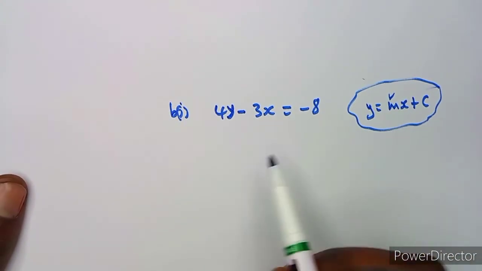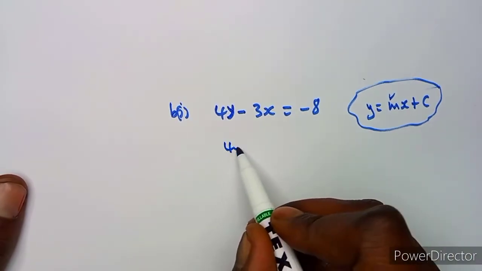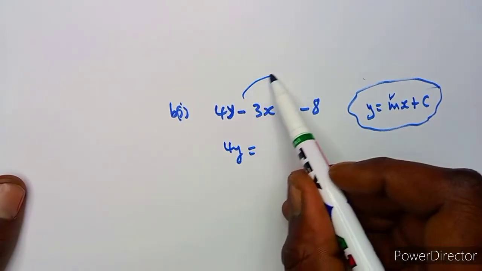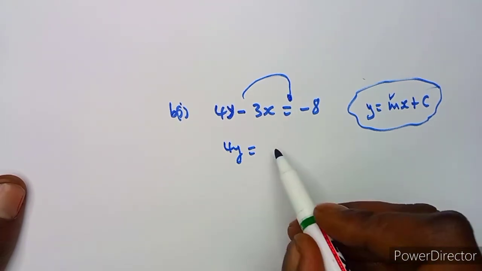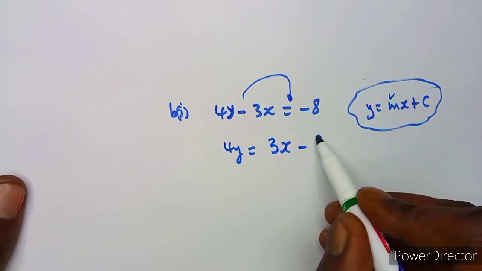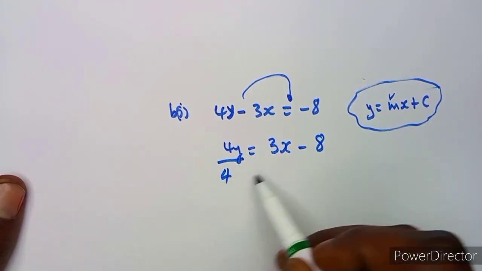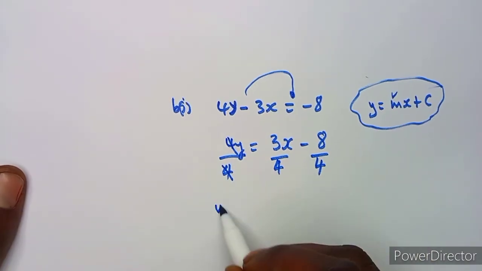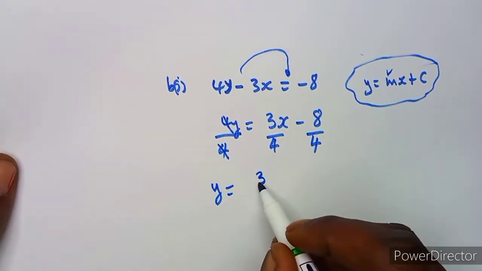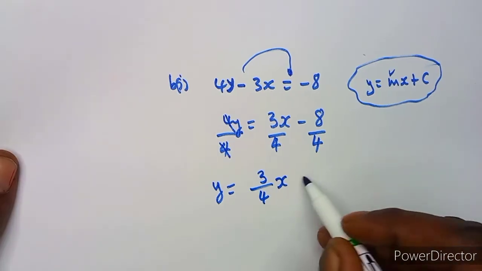How is that possible? So let's transpose: 4y is equivalent to, I can transpose this x to the right side of the equation, and it's going to be a positive 3x minus 8. So simply divide by 4 each and every term. That's y is equal to 3 over 4 x minus 2.